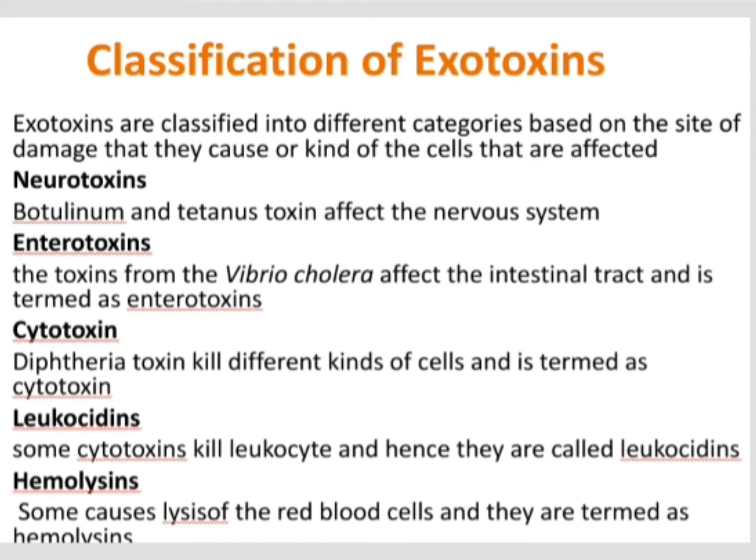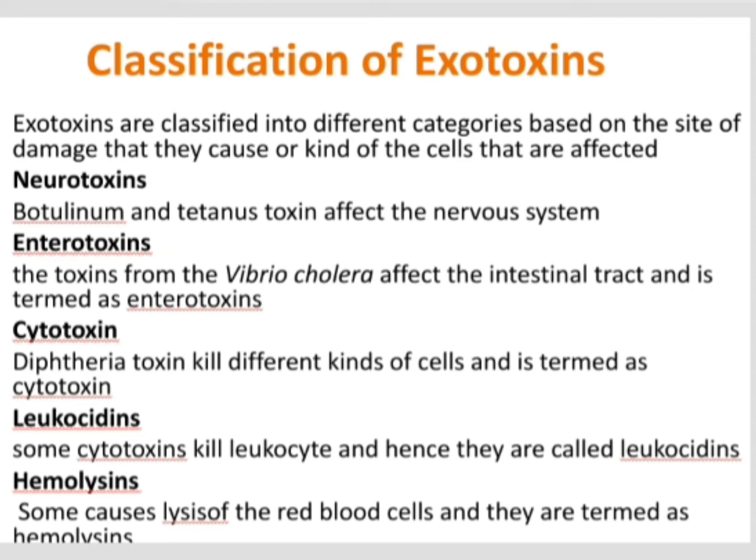Classification of exotoxins. Exotoxins are classified into different categories based on the site of damage that they cause and the kind of cells that are affected. Neurotoxins are toxins which affect the central nervous system. Example, botulinum. Then enterotoxins affect the intestinal cells.